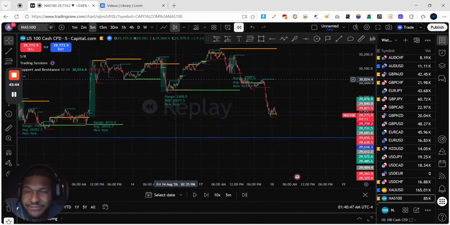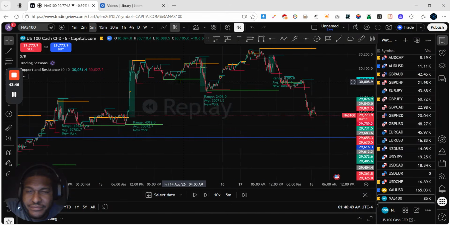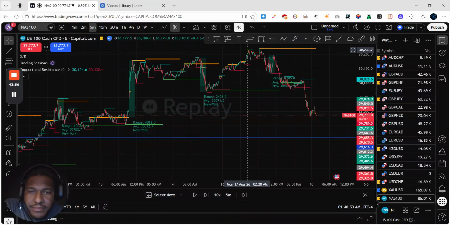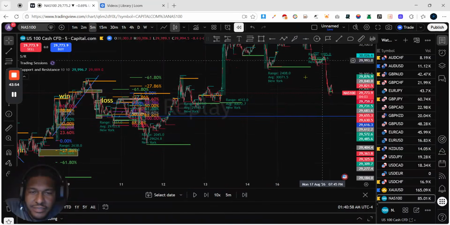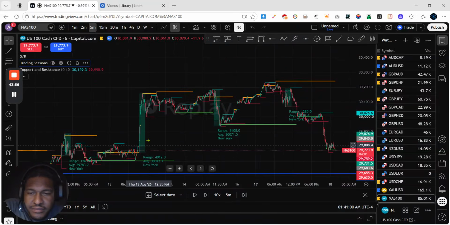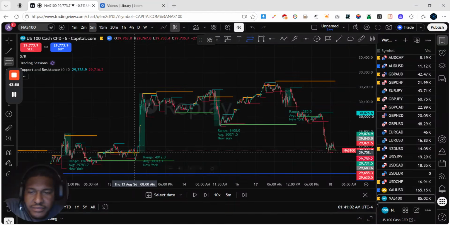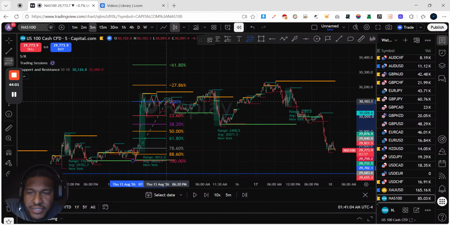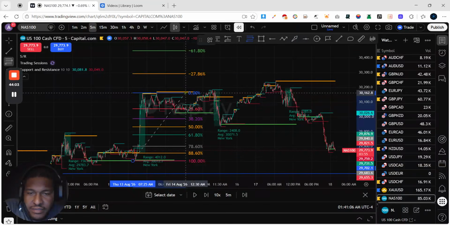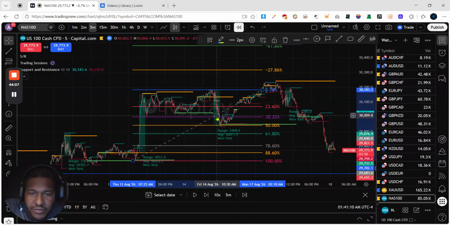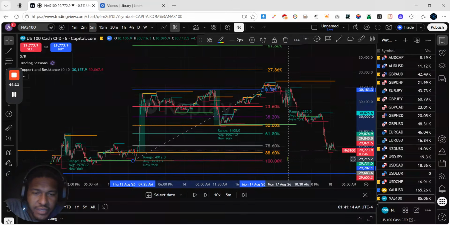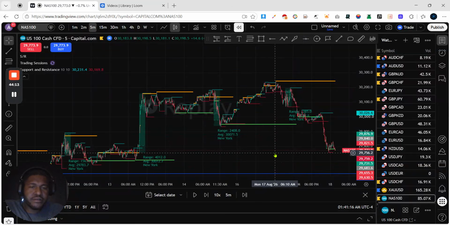All right. Sideways, drop, go up, drop. Indication. Sideways consolidate, correction, continuation. Okay, yeah, we definitely reverse into a sell.